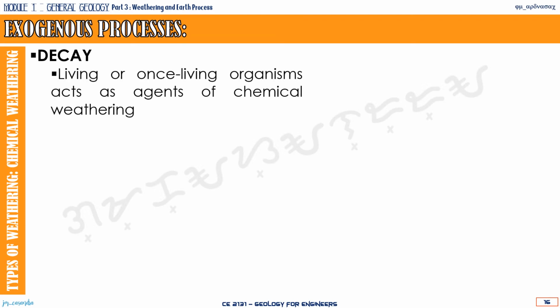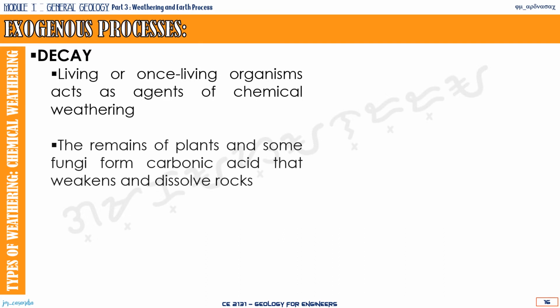So living or once living organisms would act now as chemical agents of weathering. So what happens in decay? The remains of the plants or some fungi will now form carbonic acid. And so ang diniscuss natin, carbonation, if there's carbonic acid, it will now weaken and dissolve your rock.